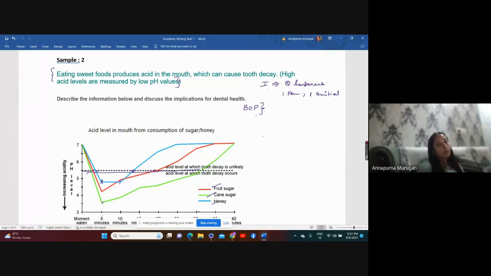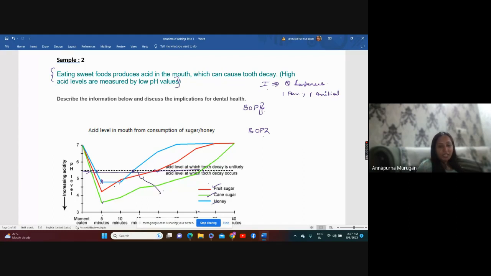Now we need two body paragraphs, body paragraph 1 and body paragraph 2. Now the drama here is that we have a lot of rising up and down. Guys, I clearly say, don't try to narrate every bit of thing.